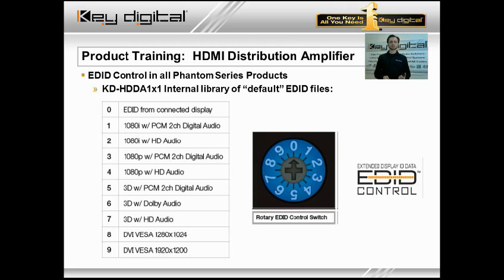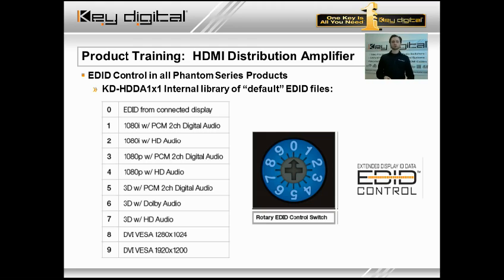Using a Phillips head screwdriver, you'll be able to select either 0 through 9. 0 is the EDID of the connected display. And you see we even open up this EDID library here that's internally in the product to relay to the source if you'd like it to even be a DVI VESA type resolution such as 1280 by 1024 or 1920 by 1200. We have that now as well.